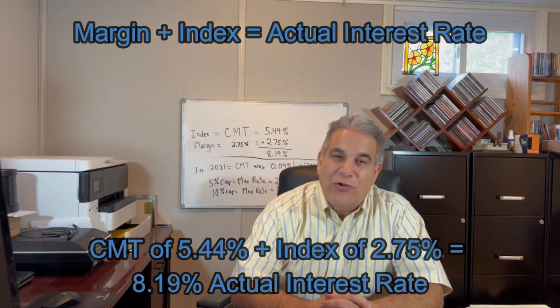So what you need to know, and what's important about this, is the margin at 2.75%. When you're sitting down talking to a loan officer or mortgage lender, they tell you, well, we're going to give you a credit line and you're going to get an adjustable rate, and right now that's 8.19%. They're not going to really go into detail about how they come to that number.